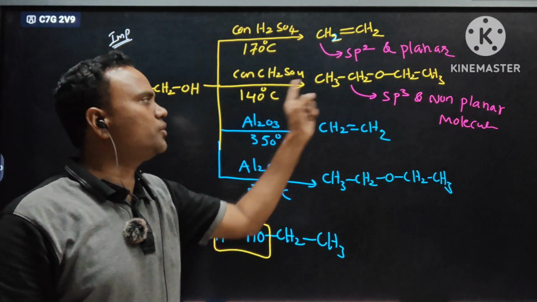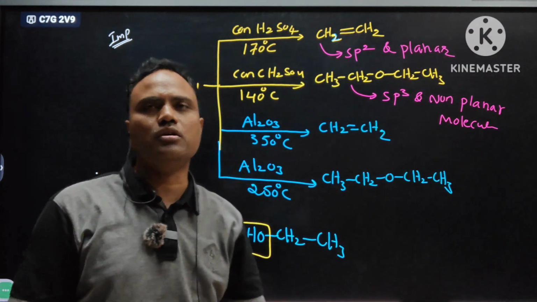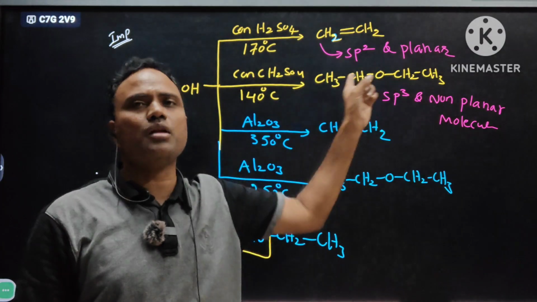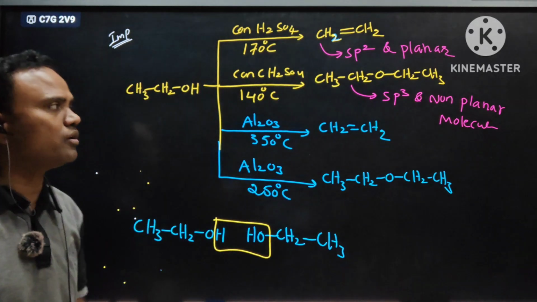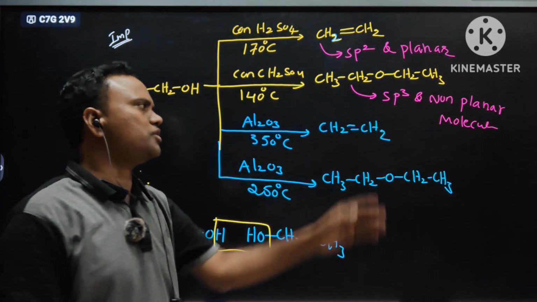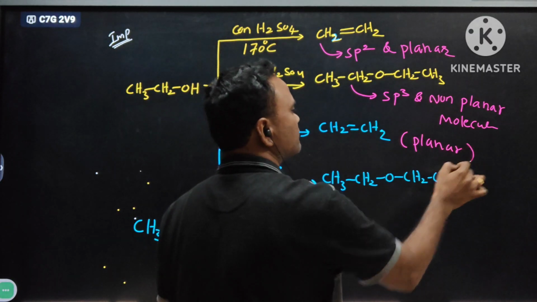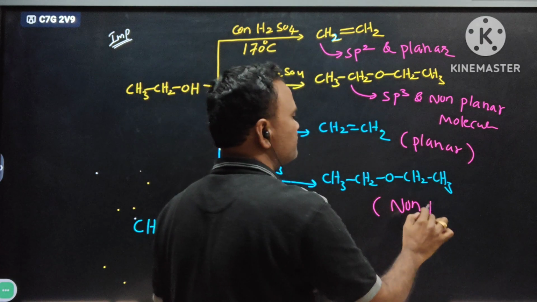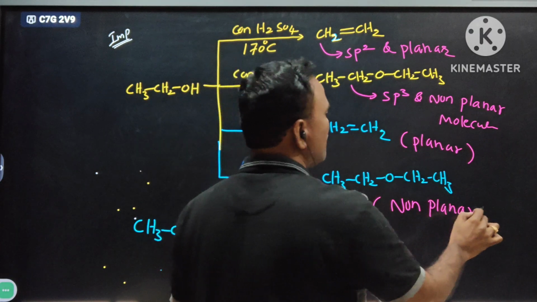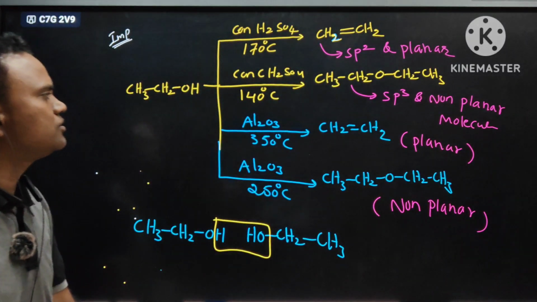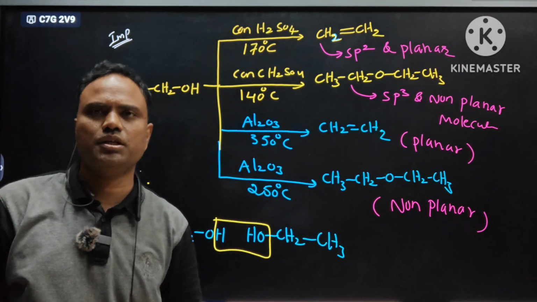At 140, you get a non-planar molecule because in diethyl ether the carbon hybridization is sp3, tetrahedral. Basically you have to remember the temperature conditions and the products. Clear everybody?